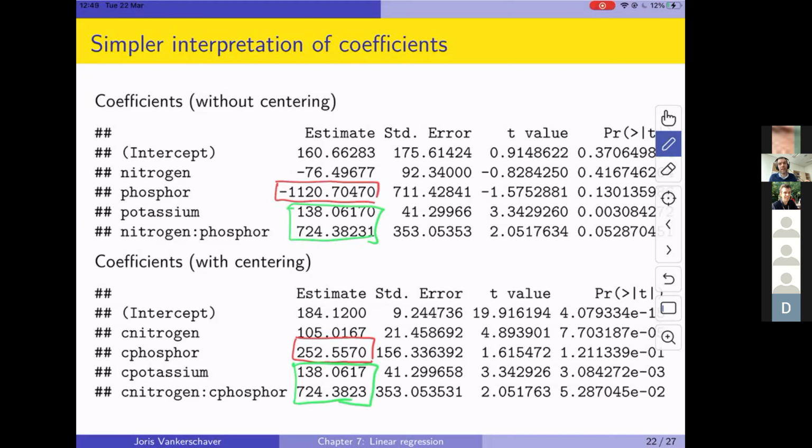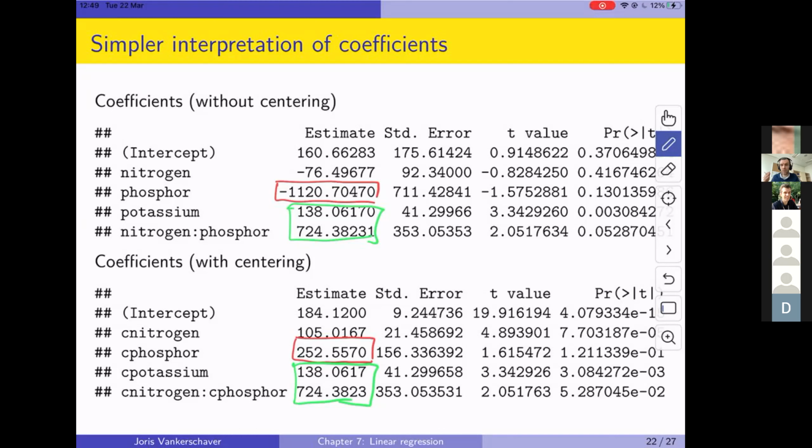But when you invert a matrix, you have to do numerical calculations, and this collinearity will basically introduce some error in your calculations. That's the cause of the instability that I told you about before. And with minus 1100 for phosphor, I am pretty sure if you change the data points a little bit, you can change that minus 1100 to quite different values.